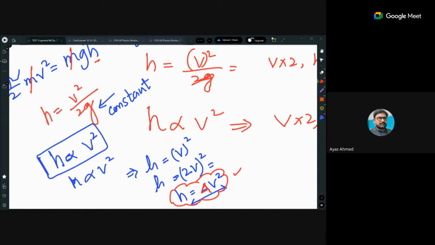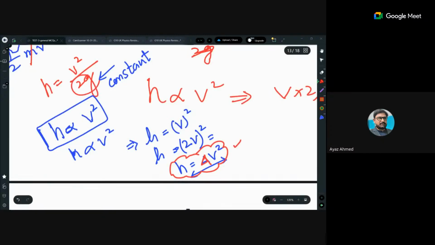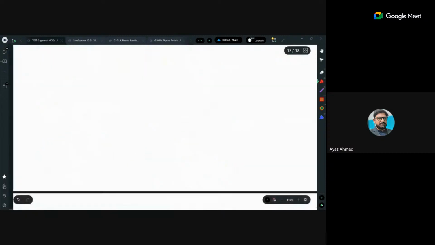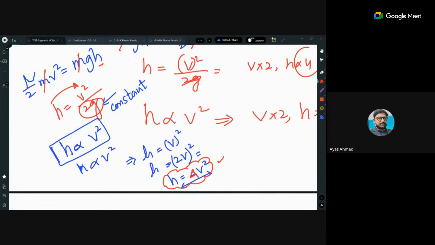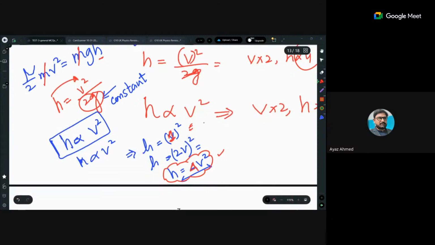Look, because 2g is constant, height depends on the square of velocity. Okay, Ariba. Let's say velocity was v, or don't even call it v, just make it 1, then height was 1. Got it? When velocity is 2v, don't make it v, just make it 2, then 2 squared is 4, isn't it?